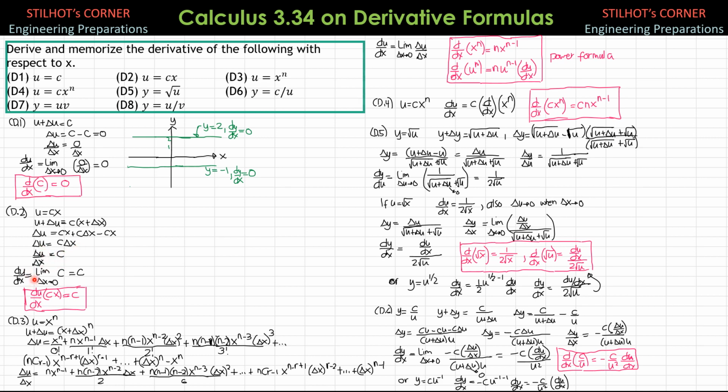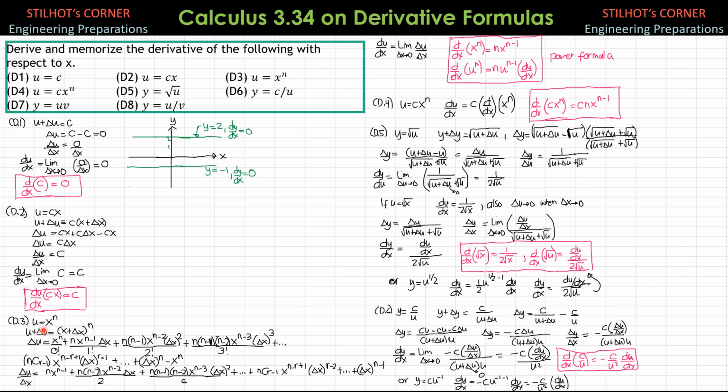So du dx, the limit of delta u over delta x as delta x approaches 0, so the limit of c as delta x approaches 0, which is just c. So the derivative of cx is c. In general, the derivative of cu is c times the derivative of u with respect to x, which will be summarized on the next slide.